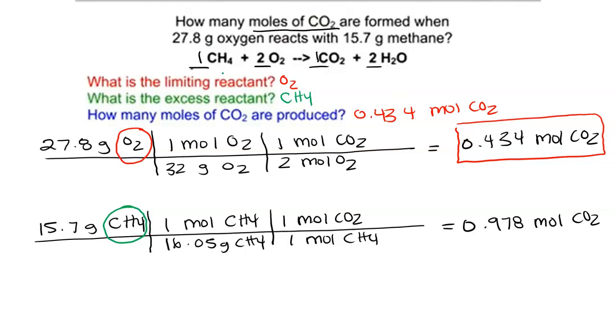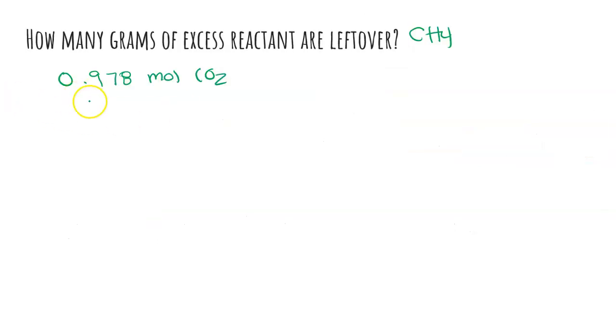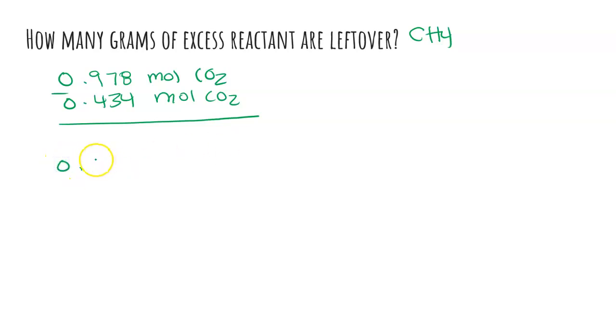But because there's a limiting reactant, it only produced that 0.434 moles of CO2. So first, I'm going to start by subtracting those values. So the 0.978 minus 0.434. So my starting value for my stoichiometry setup is 0.544 moles of the CO2.